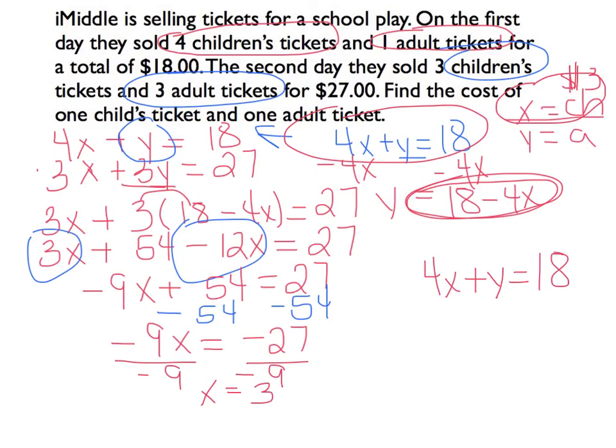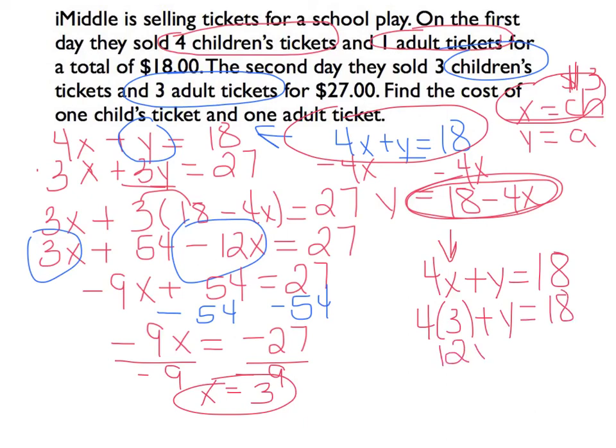Now that I know what x is, I can solve for y. X is 3, so we substitute that. 4 times 3 plus y is 18. 12 plus y is 18. So y is equal to 6.